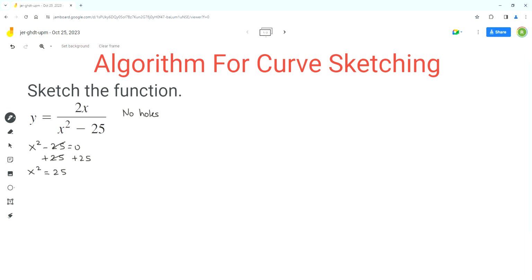Now we can apply square root to both sides, so we get x equals plus minus 5. So this function has two vertical asymptotes, x equals negative 5 and x equals 5.